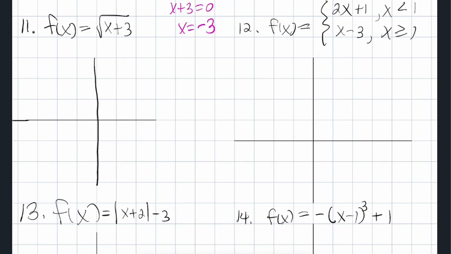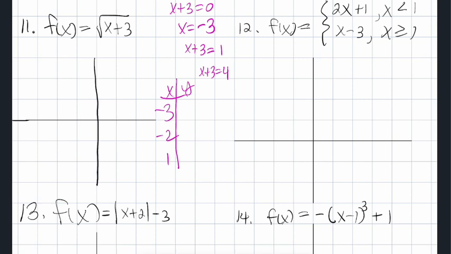Now, what's great about a square root function is that whatever is inside, if you set it equal to 0, 1, and 4, you'll find those 3 shifted points. So we're going to go -3. If we set x plus 3 equal to 1, which is the next perfect square, you get -2. And then the next perfect square is 4, so if you set it equal to 4, you get 1.